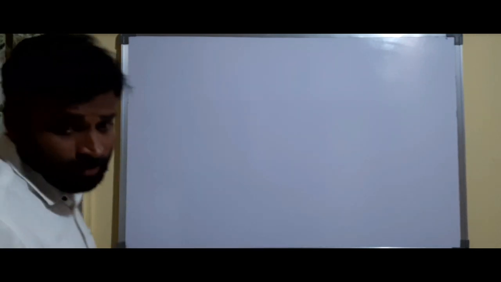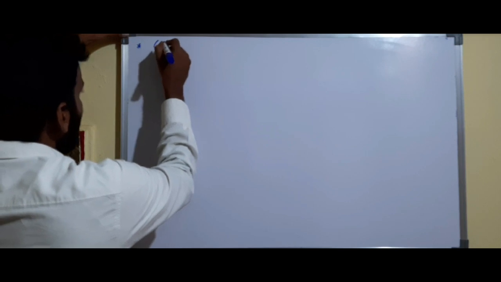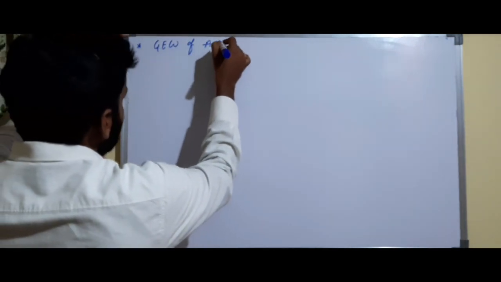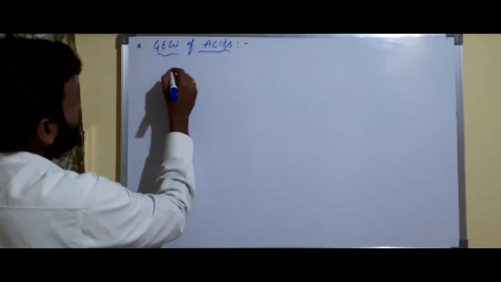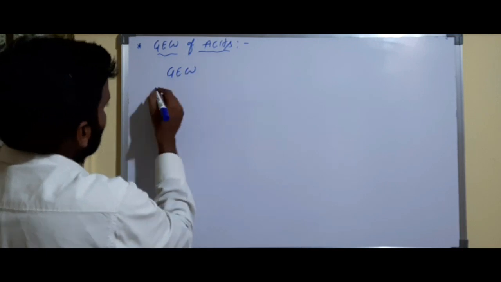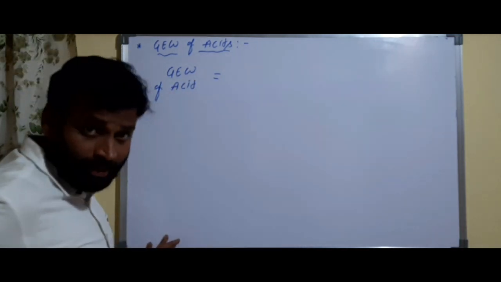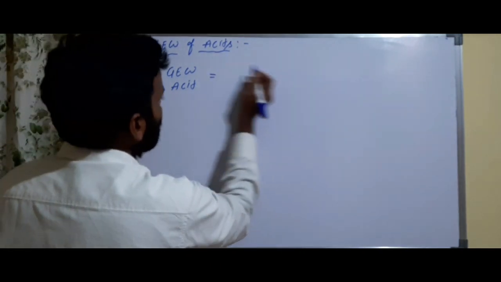So you have to write notes, everybody. First thing today, gram equivalent weights of acids. I told you very clearly, now you can write the gram equivalent weight of acid directly by using your knowledge.